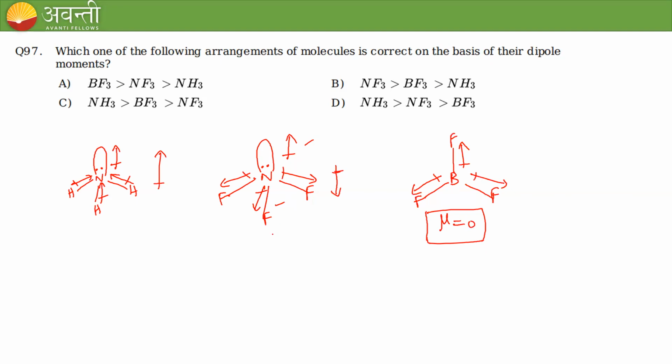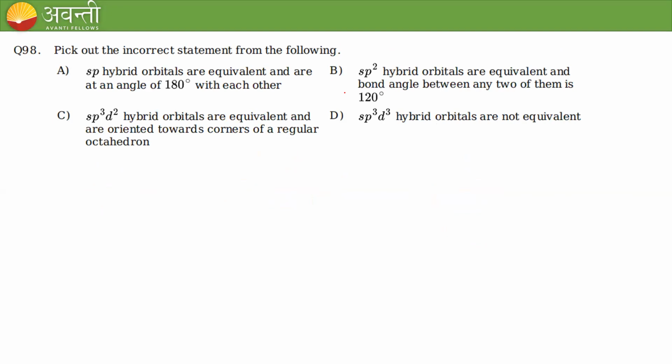In NF3 only the 2 NF bond effect is there, and in NH3 all the NH bonds are going towards the upward direction. So NH3 will have the highest dipole moment, then NF3, and last is BF3. It is given in option D. Option D is the correct answer. Now coming to question 98, pick out the incorrect statement from the following.